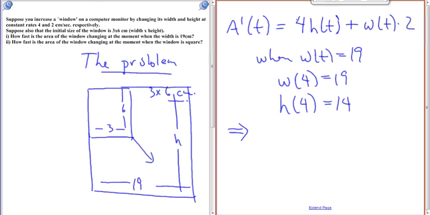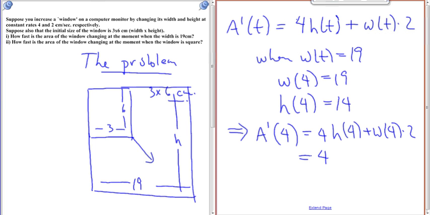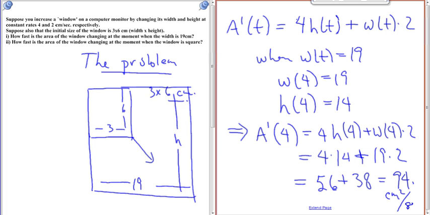Therefore, A prime at 4 seconds is equal to 4 times h of 4 plus w of 4, times 2, equals 4 times h of 4, that's 14, plus w of 4, that's 19, times 2, equals, what's that, 56 plus 38 equals 94 centimeters squared per second.